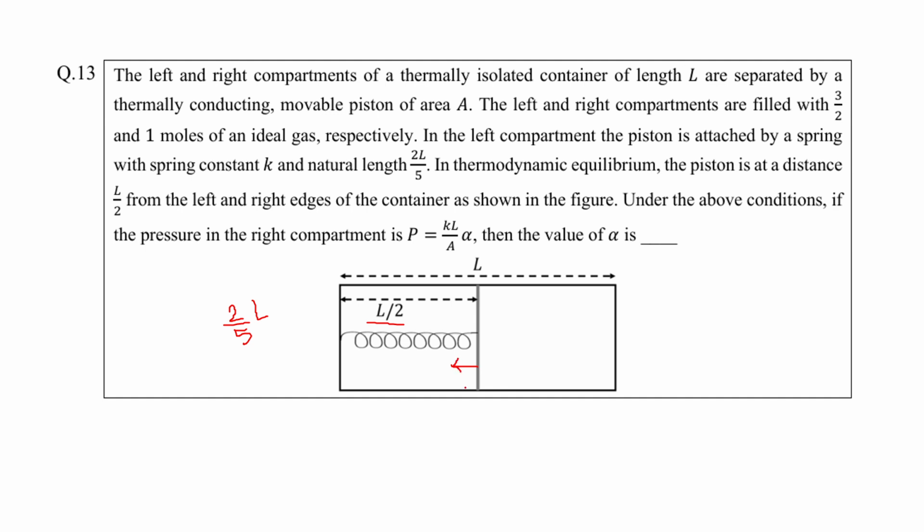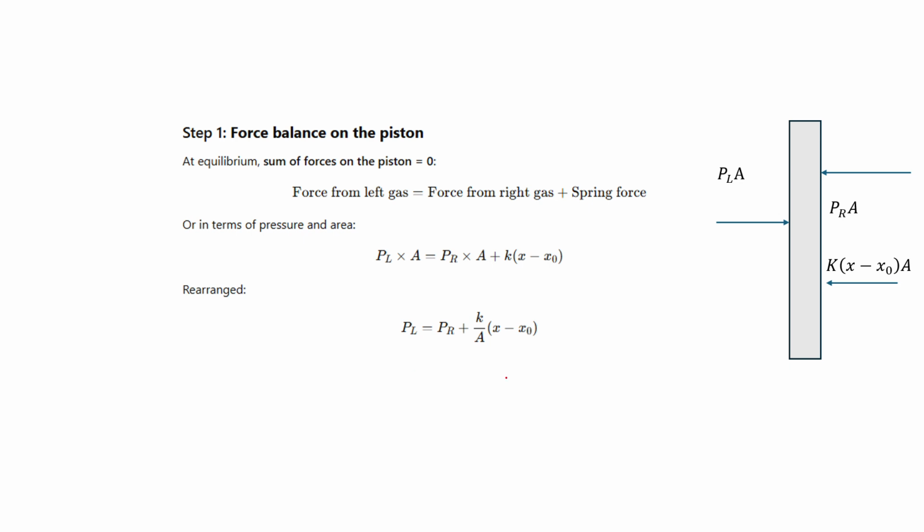Now considering the FBD of the piston, we have a force from the left side, that is pressure in the left compartment into area, and on the right side we have pressure on the right side into area, plus the spring force.